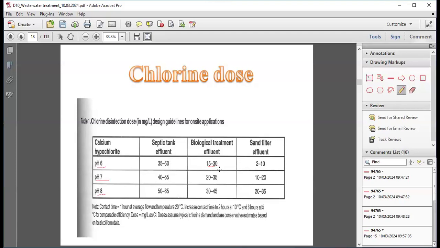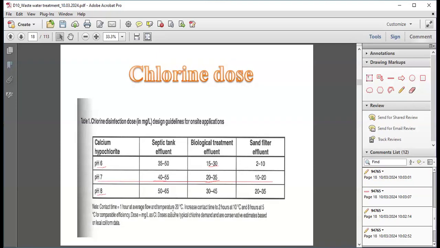So we can add up to this level. pH 7 is normally neutral. For septic tank effluent, we can add 45 to 50 of this chlorine amount. Biological treatment effluent, 25 to 35. So this is the adaptable level. At pH 7, we can add 45 to 55 milligrams per liter.